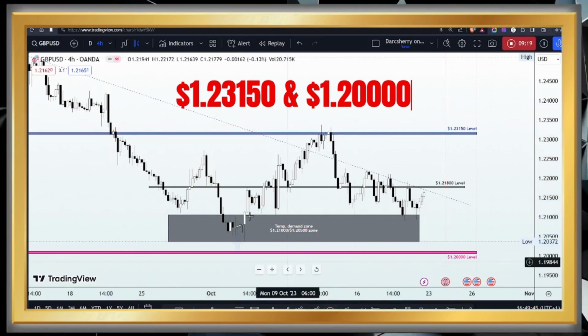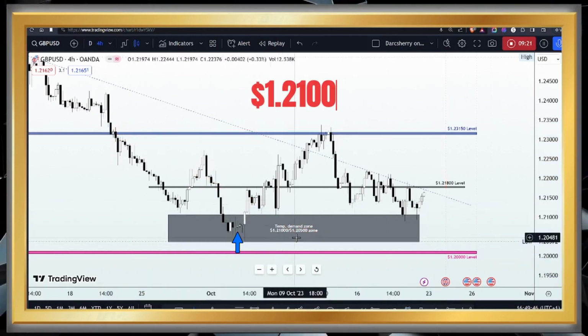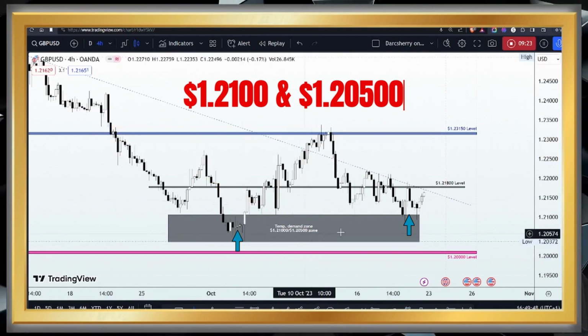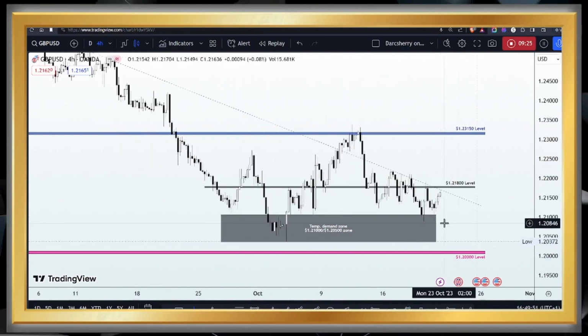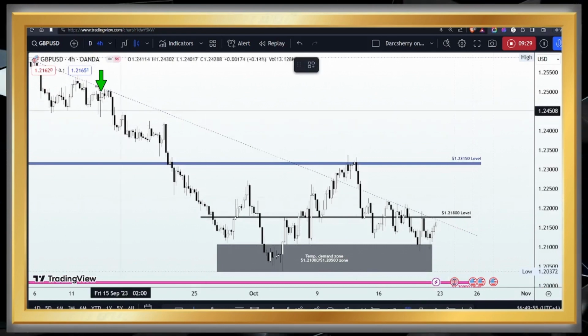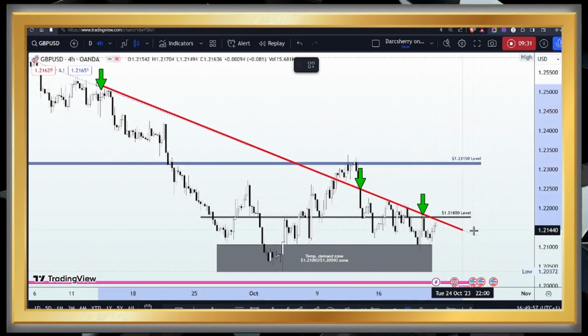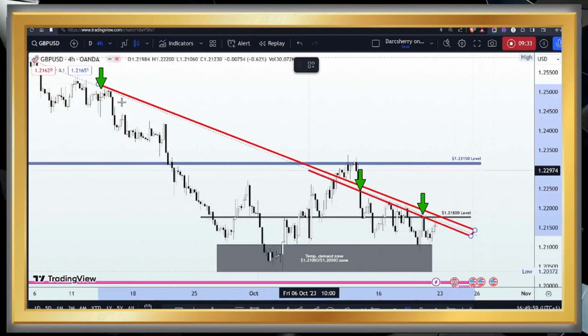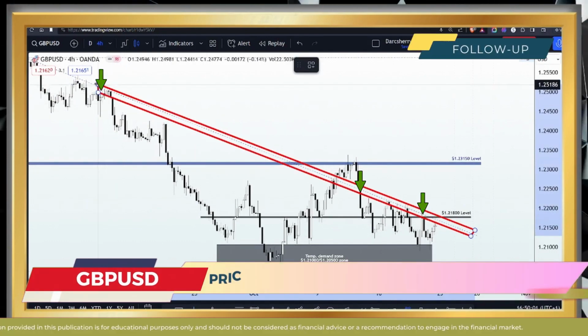So now I'm having a temporary zone around the 1.2100 and the 1.205 area, as you will see here. Then in addition to that is the descending trend line here. As you will see, price had consistently respected that, pushing price to the downside, of course.